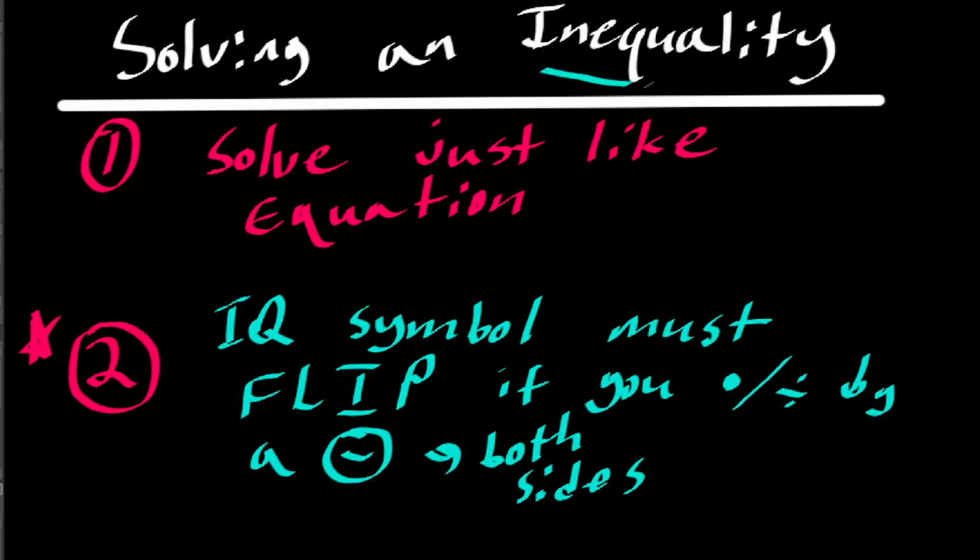But when you have an inequality, if you multiply or divide by a negative, your inequality symbol must flip. So let's look at a few of these, and we'll go through these steps as we move.